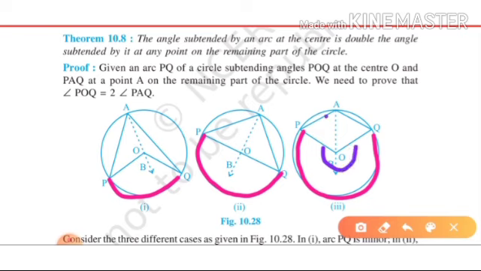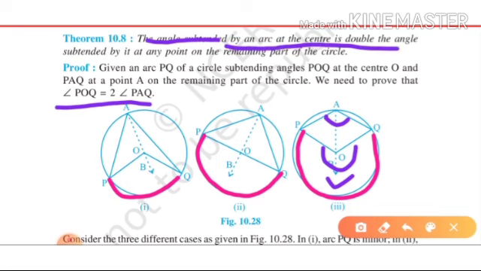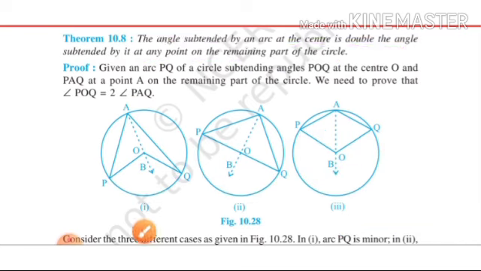In the same way, POQ is twice the angle PAQ. So the angle subtended by an arc at the center is double the angle subtended by that arc at any point on the remaining part of the circle.